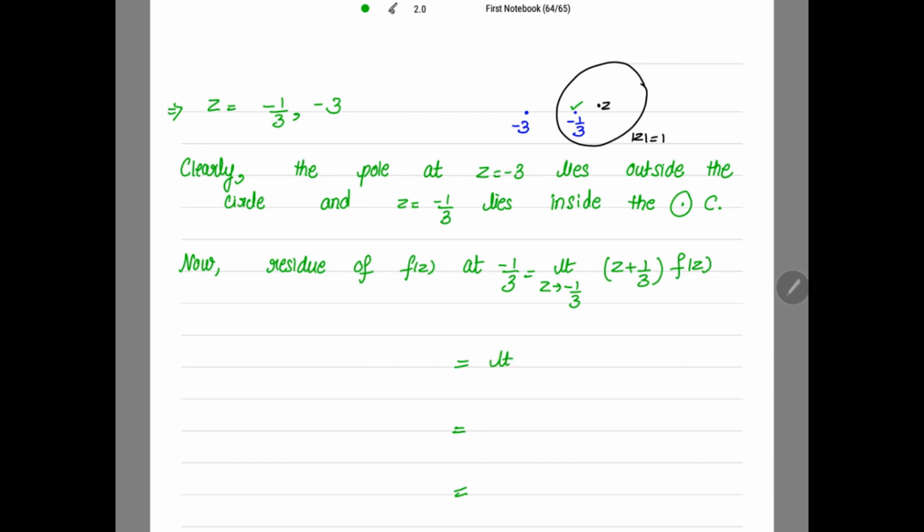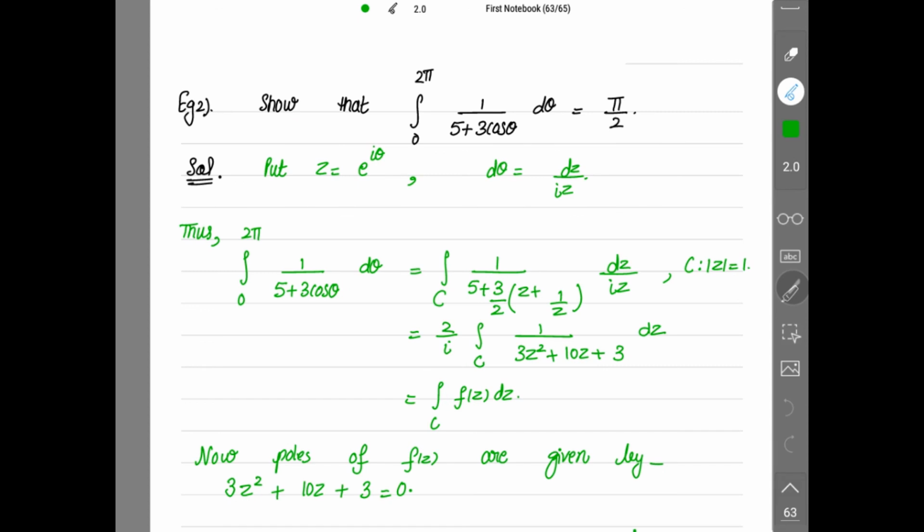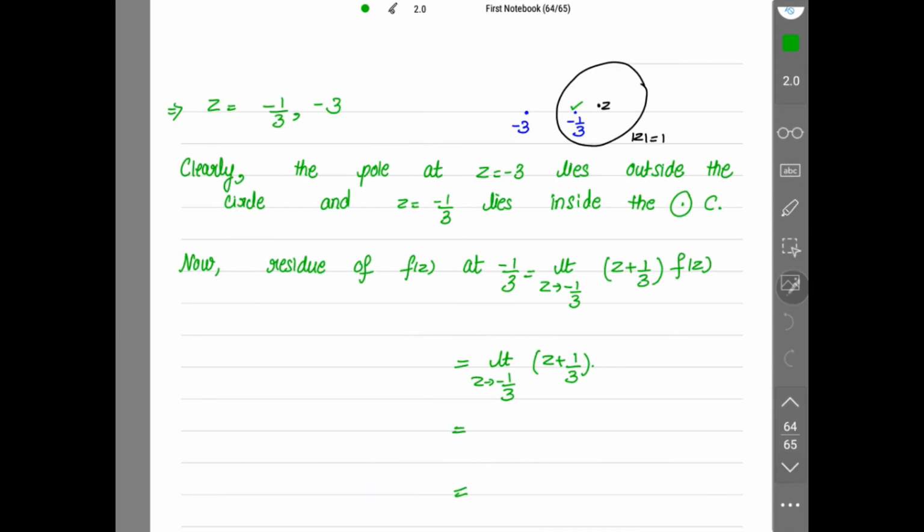What is your function? Your function is 2 over i times (3z square plus 10z plus 3).